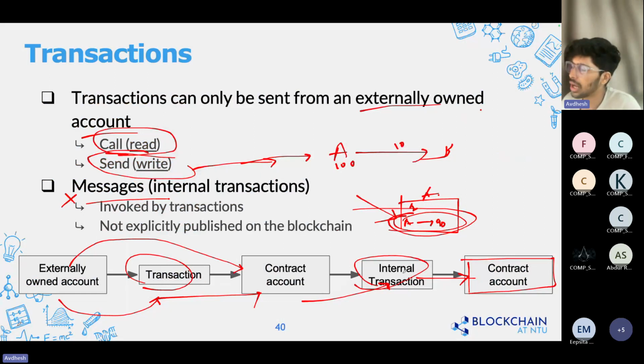So even if a single transaction fails, maybe an internal transaction inside the account or a transaction in general, the whole process will be reverted back. That means only if all of the requirements are satisfied can it send. Otherwise it will send your Ethereum back to your account. So that is called atomicity.